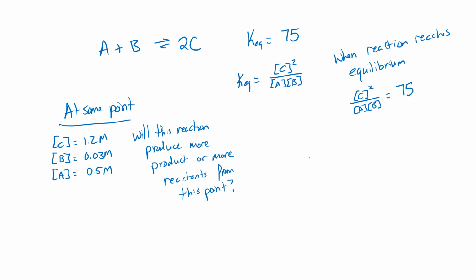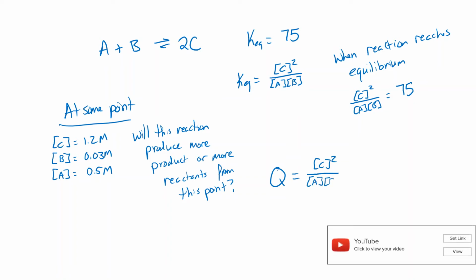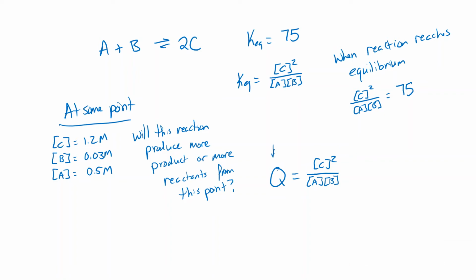The way that we answer that is we find Q. Q is this expression, the concentration of C squared over the concentration of A times the concentration of B. But the difference is that Q, our reaction quotient, is this value when the reaction is not at equilibrium.